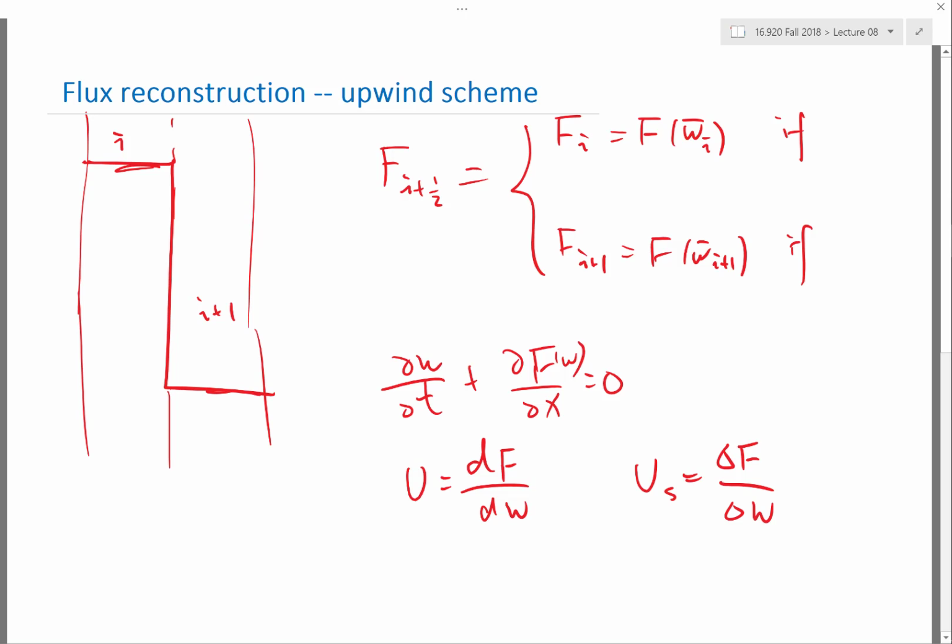So here, if (f_{i+1} minus f_i) divided by (w_{i+1} minus w_i) is greater than 0, then the shock is moving towards the right. If it's less than 0, the shock is moving towards the left. Okay? And usually it doesn't matter if you put the equality sign on either case, because the likelihood that it is exactly equal to 0 is very low, right? Although we are actually going to see this case here.